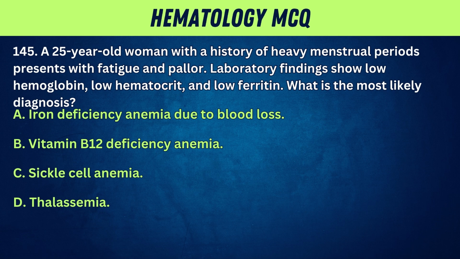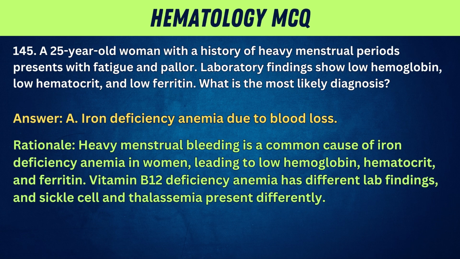D. Thalassemia. Answer: A. Iron deficiency anemia due to blood loss. Rationale: Heavy menstrual bleeding is a common cause of iron deficiency anemia in women, leading to low hemoglobin, hematocrit, and ferritin. Vitamin B12 deficiency anemia has different lab findings, and sickle cell and thalassemia present differently.